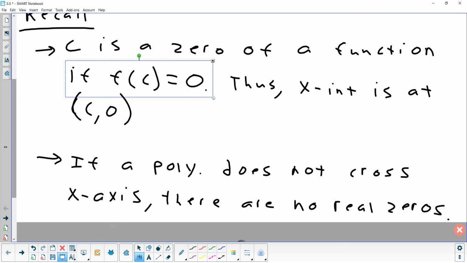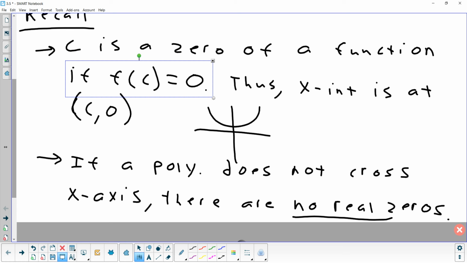Now, if a polynomial never crosses the x-axis, like if you had something like this, it doesn't mean that there aren't any roots. What it means is there are no real roots. So what happens there is when we graph it, we cannot get imaginary answers by looking at a graph.